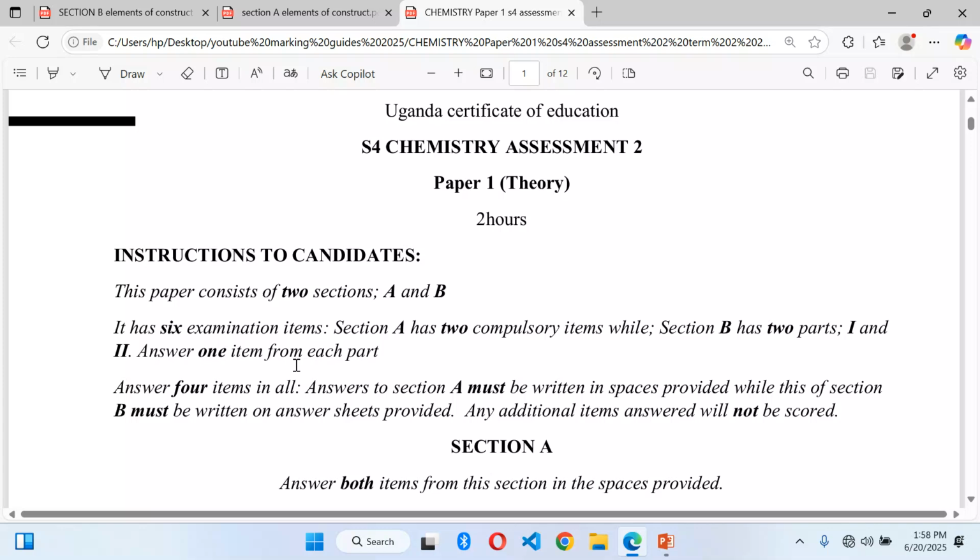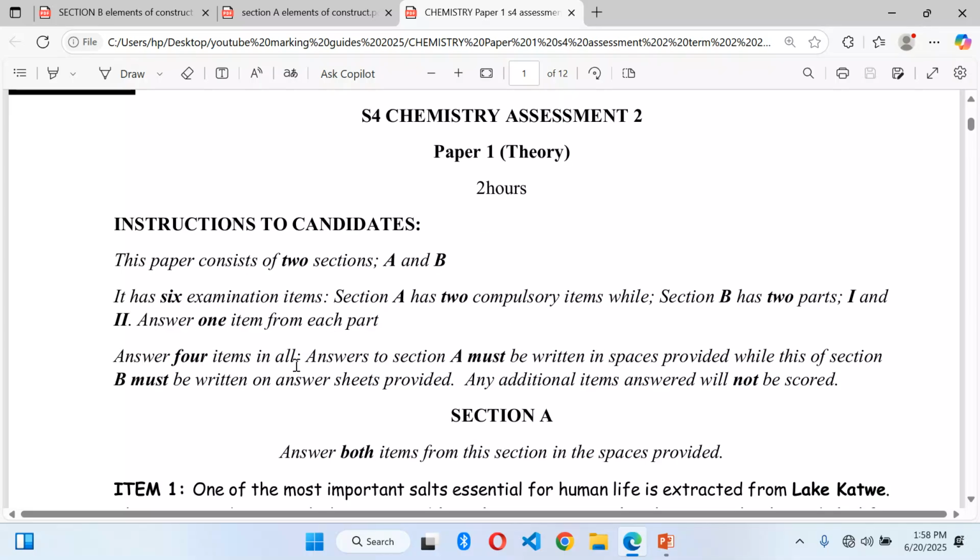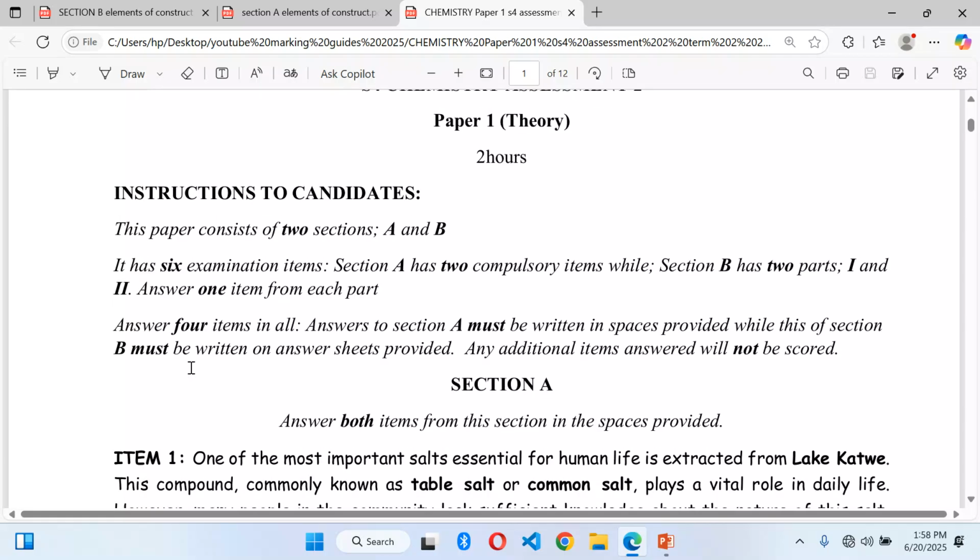So each learner is supposed to do 1 item from each part of Section B. Which means in total we have 4 items to be answered in the whole of this paper. But since we are looking at our scoring guide to this paper, we shall be doing all the 6 numbers, 2 in Section A and all the 4 numbers of Section B.